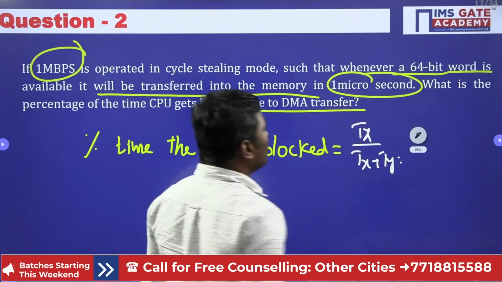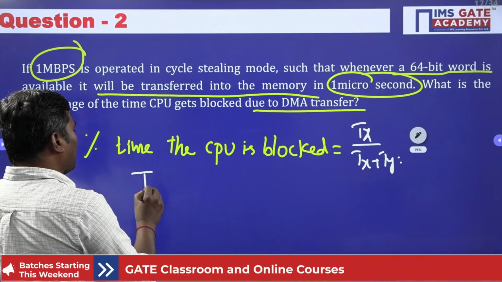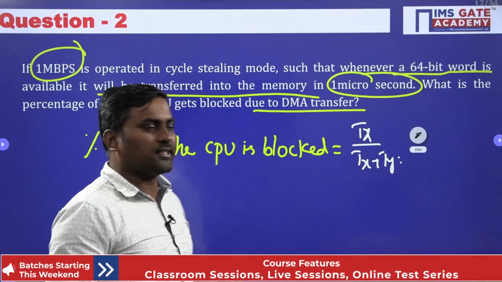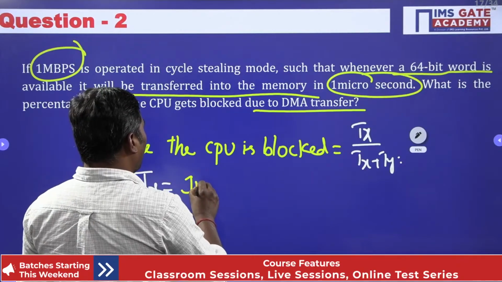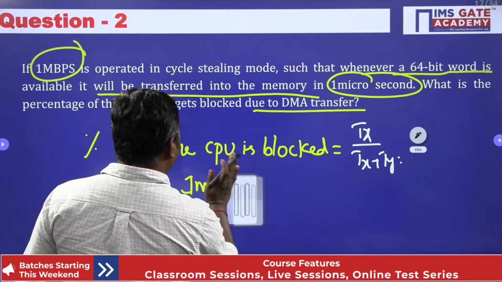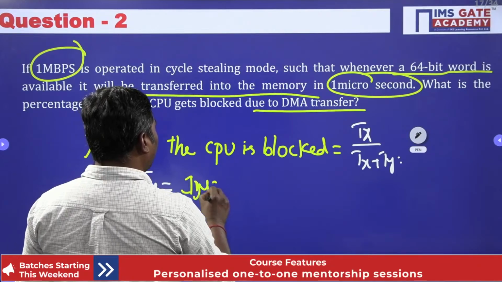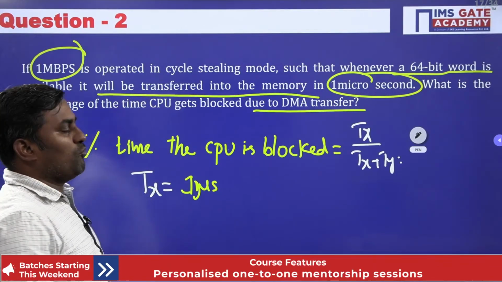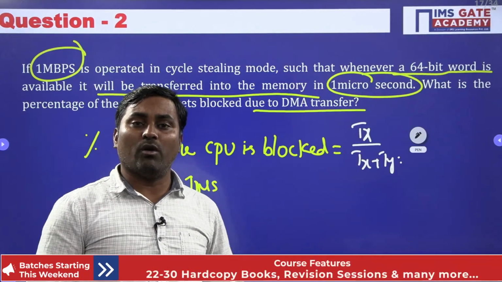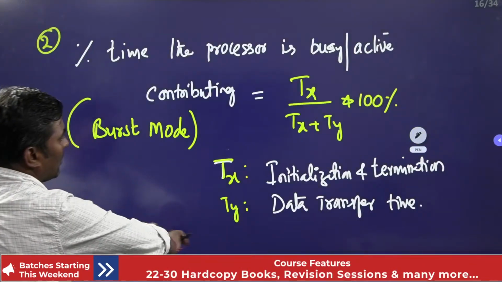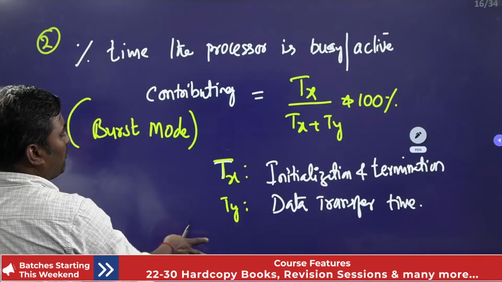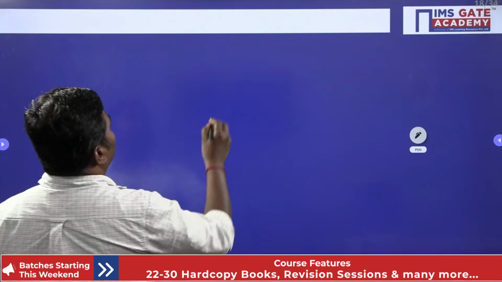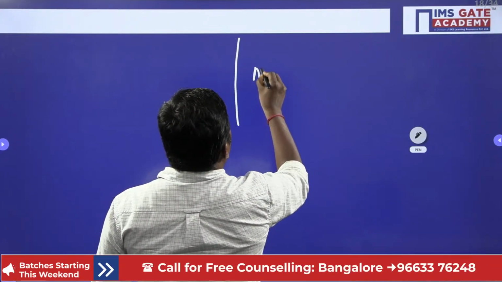What is the Tx? Tx is the transfer time, and they have given it as 1 microsecond. Now we need to find Ty. Ty is the preparation time of the word. The word data needs to be prepared from the device. Understand? Here is a memory.